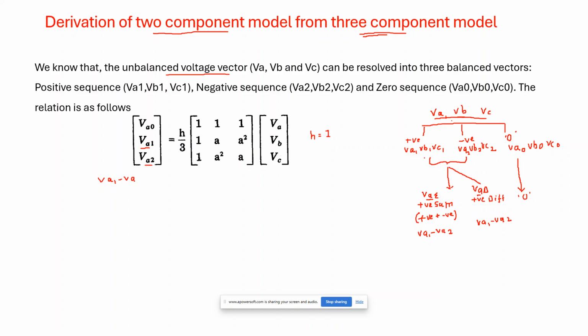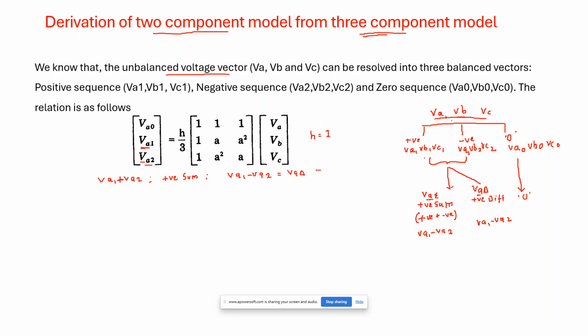We will obtain VA1 plus VA2. Let us do that, so we get one equation, the positive sum. And let us do the subtraction of these two rows, that is VA1 minus VA2. We get this as VA delta.